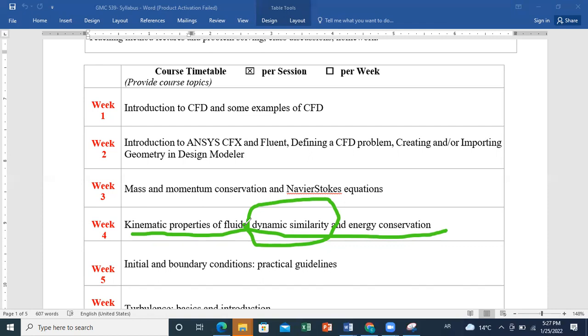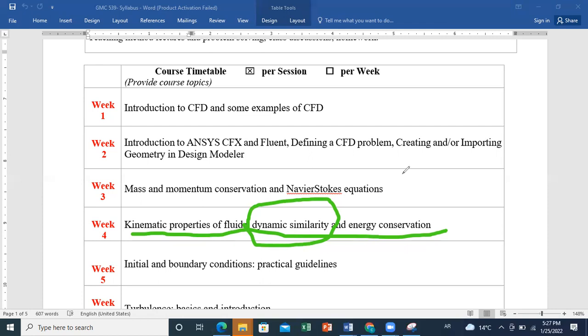You can create a model that is much smaller in size, but if you satisfy similarity conditions, you can extrapolate your result. This means with a smaller number of elements, you can reach conclusions that can be generalized through dimensionless groups and applied to the real case.